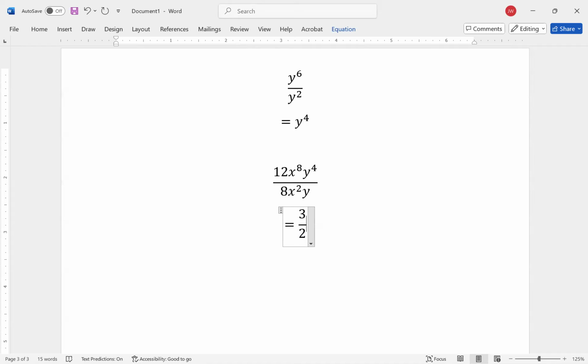X to the 8th divided by x squared would give me an x to the 6th power. Y to the 4th divided by y to the 1st gives me y to the 3rd power. So there you go. The quotient rule allows me to do that type of simplification.